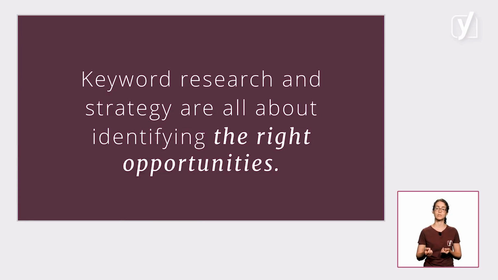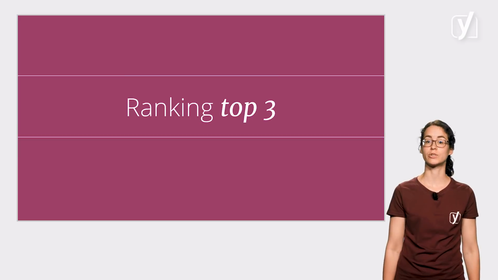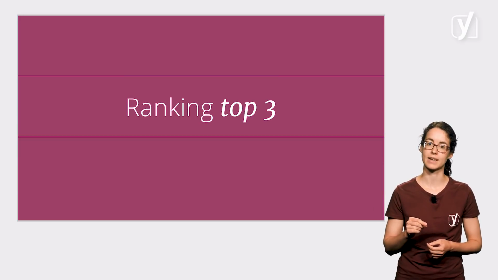Remember, keyword research and strategy are all about identifying the right opportunities. And you can't identify opportunities without comparing and contrasting your own abilities to those of your competition. Before we explore the factors you should research your competition for, let's quickly stress the importance of ranking top 3 again.